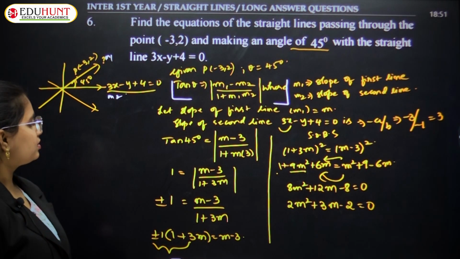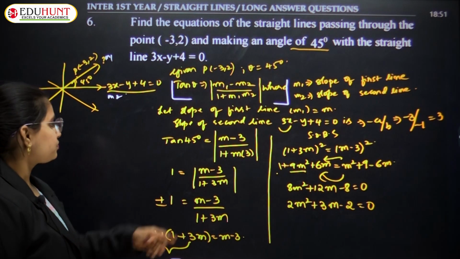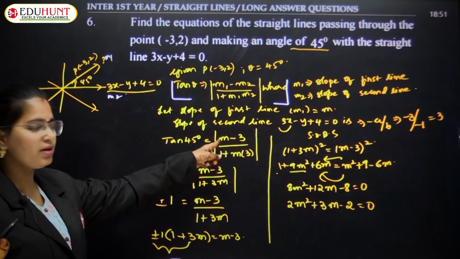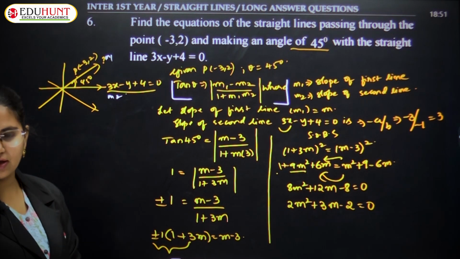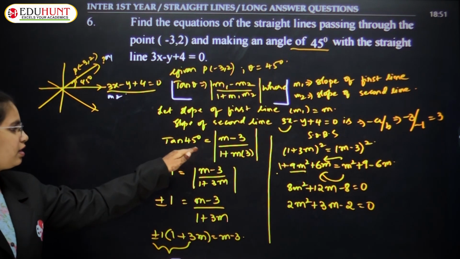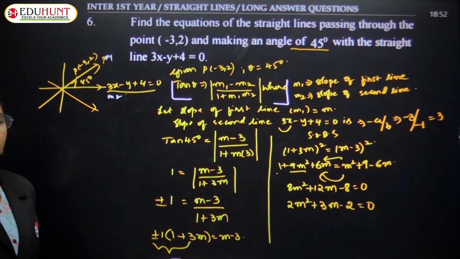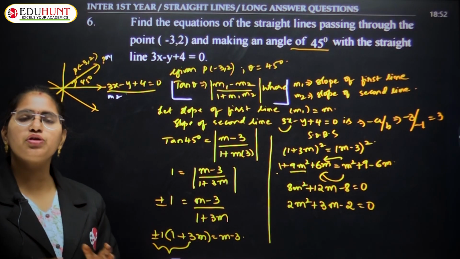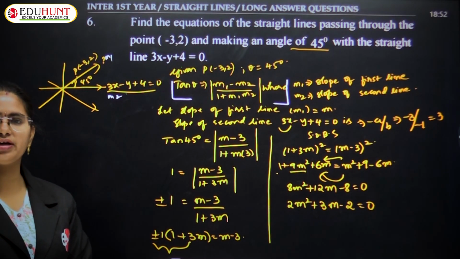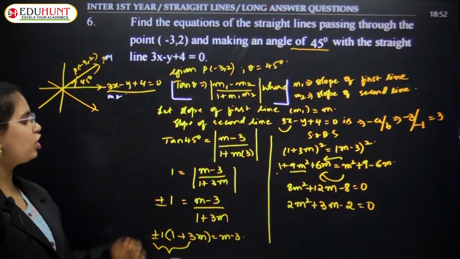So let us substitute the value of m, two possible values in this particular equation. అర్థమవుతుందా? m వాల్యూ తీసుకెళ్ళి ఇందులో సబ్స్టిట్యూట్ చేస్తాం. ఏమ్మా, అర్థమవుతుందా? ఏమా? సో ఇప్పుడు మనం ఏం చేయాలి? We need to find out equations of two straight lines which is having slope m, okay, and passing through -3, 2.